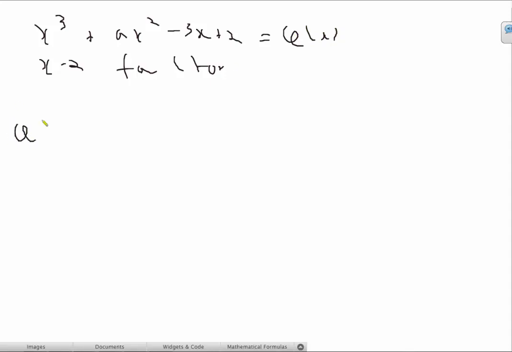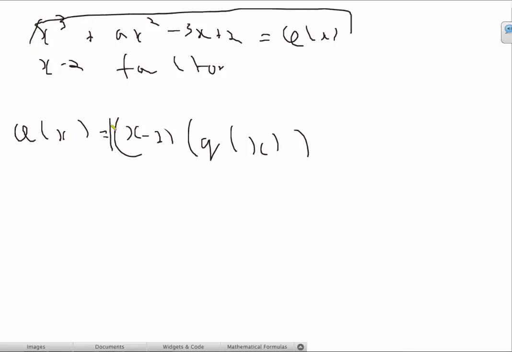So I'm gonna write that as q of x equals x minus a, in this case a's value is 2, times the quotient. And so now we can see that if I simply input x equals 2 into this equation right here, then this whole right hand side becomes 0, and so we're simply left with a whole equation and one constant. So we can find that, right?